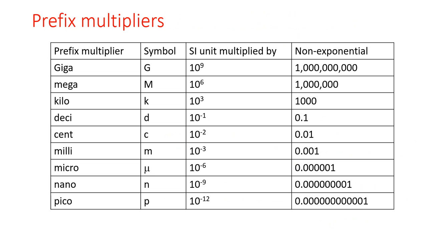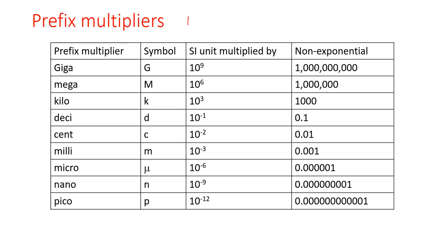For example, if you have like 1 million kilometers, you don't want to report 1 million kilometers because that is too much. Or if you have 1 million meters, you don't want to report 1 million meters. That is kind of too much. So you need to use another unit.